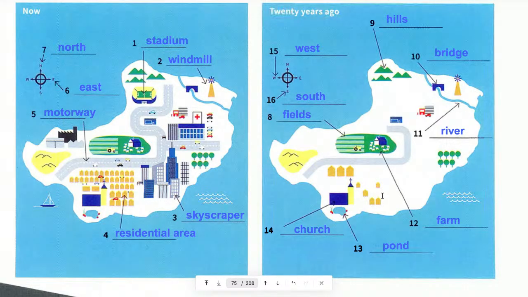In the north is the factory, but 20 years ago it did not have any factories here. And the trunk, the pond, hill, windmill, the bridge, a river, farm, and the fields. Now what remained the same? The sand remained the same.